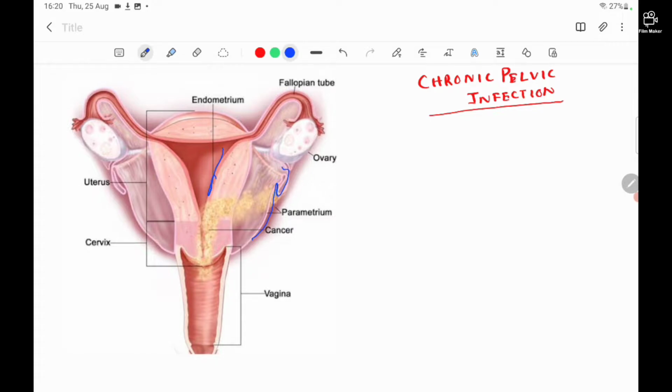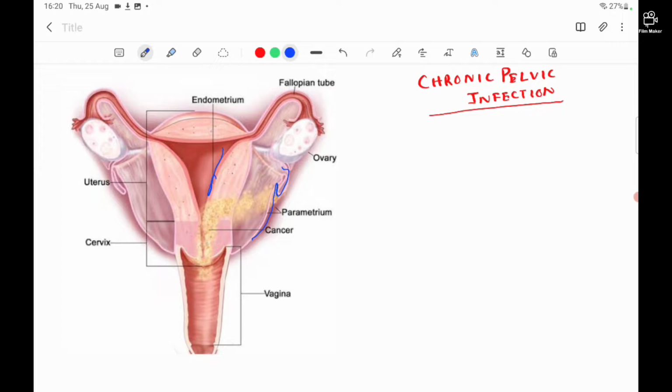From a clinician's point of view, for examination of a female genital tract, you should be very aware about the incidences in the parametrium. Any destructive pathological process, it might be cancer, tuberculosis, some chronic infection, or some fistula as well.